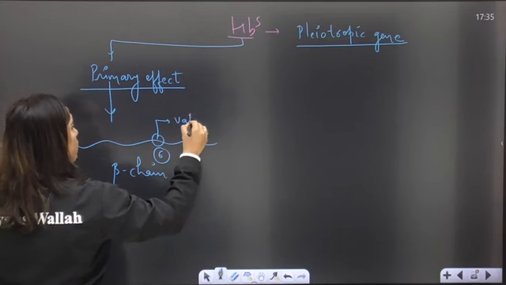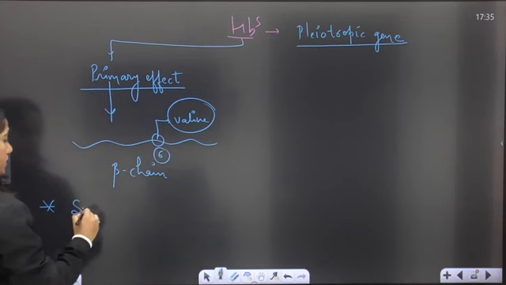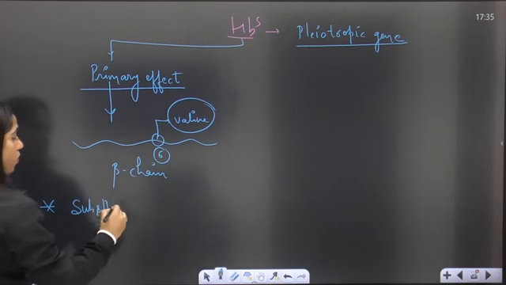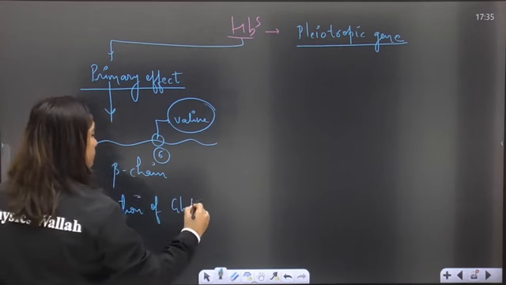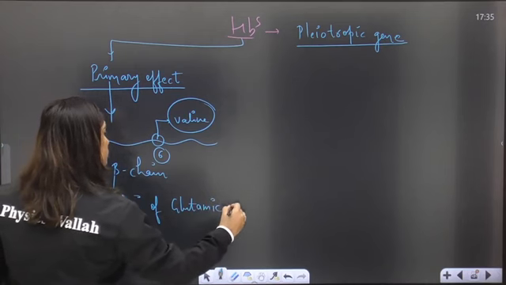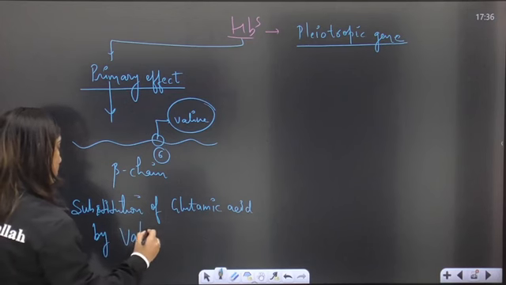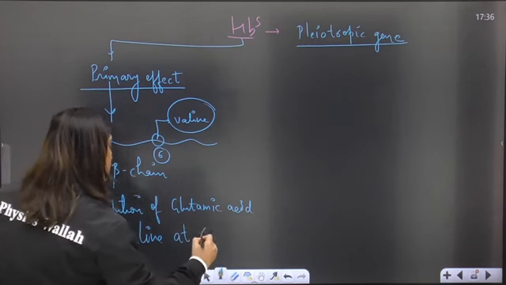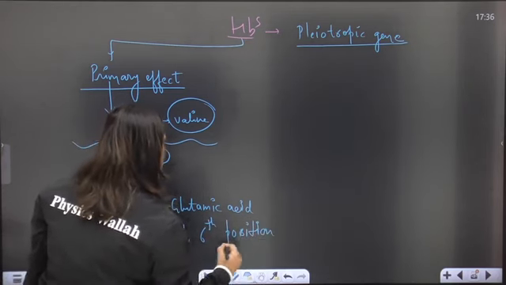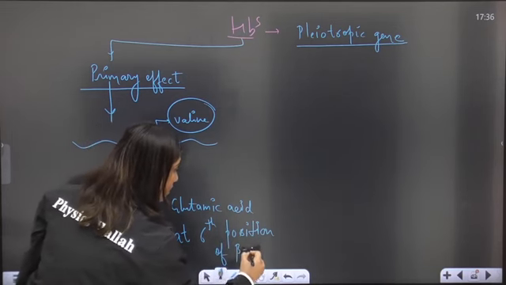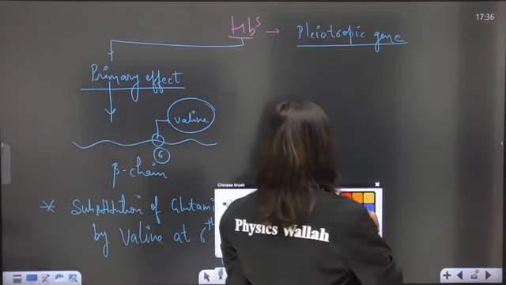So the primary effect is substitution of glutamic acid by valine at the 6th position of the beta chain, which affects the binding capacity of hemoglobin with oxygen, and it changes the shape of the RBCs.